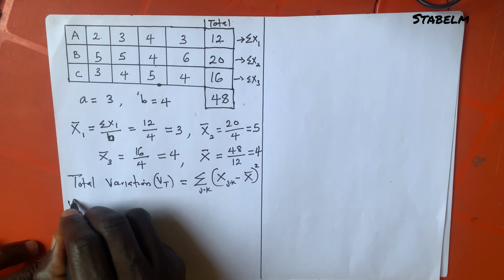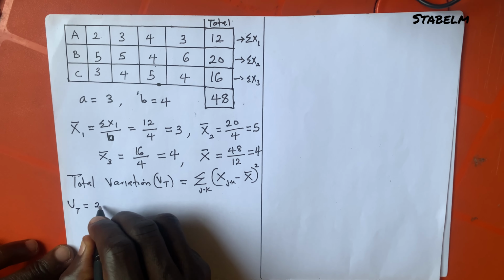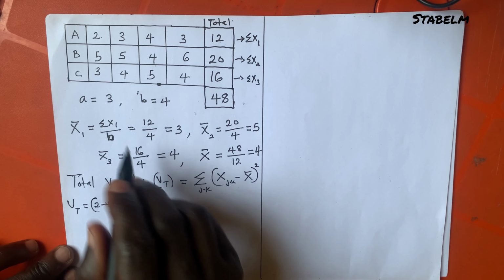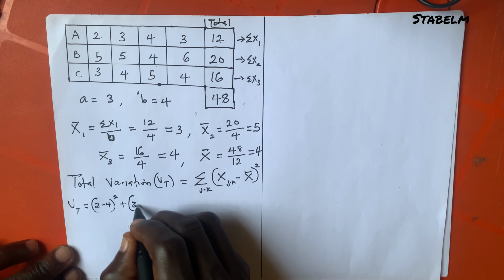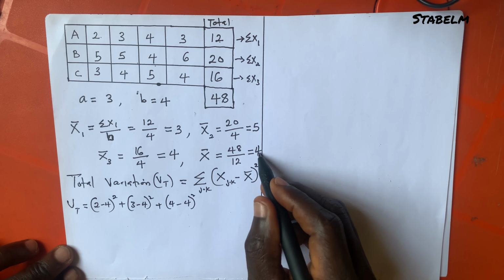So we say V subscript T equals 2 minus 4 squared plus the next value 3 minus 4 squared plus 4 minus 4 squared. The mean is the same, x bar is 4.